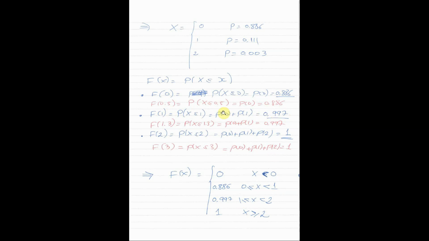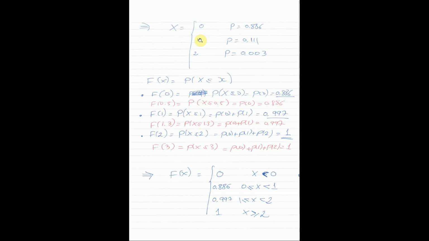Likewise, using this argument, what is the cumulative function value at a value greater than 1 but before 2, like 1.3 or 1.4 or 1.15 or 1.99? What's the cumulative at 1.3? It's the probability that variable x is less than or equal to 1.3. What are the values less than 1.3?